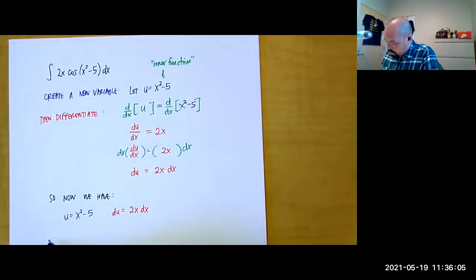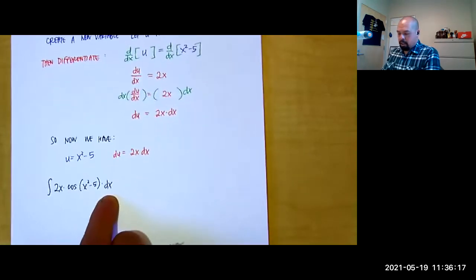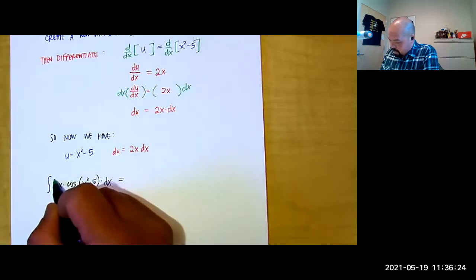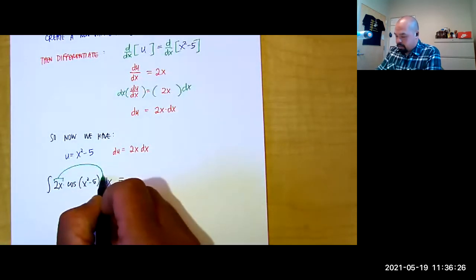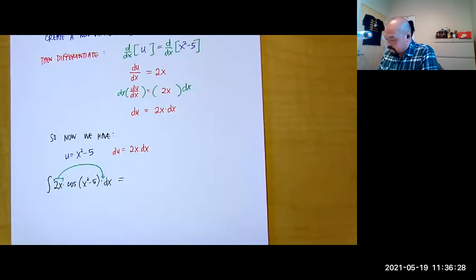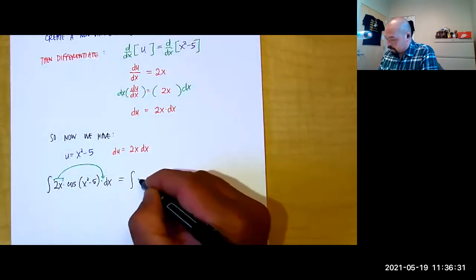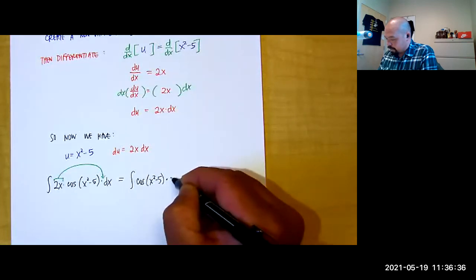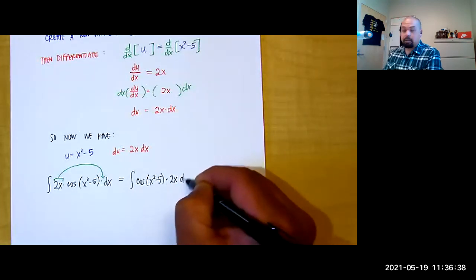Then in our integral, reinforcing that multiplication again, even that dx is like a multiplication, height times the width, there's no harm in rearranging a little bit. If I take this piece and slide it after that cosine, it's the same thing as the cosine of x squared minus 5 times 2x dx.